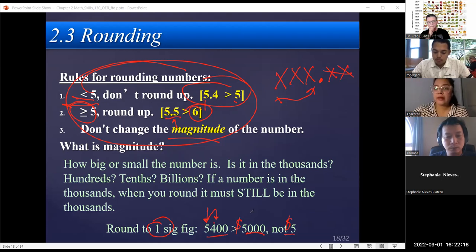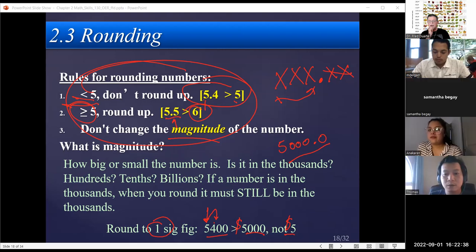Now you might also ask, what if I don't drop them? What if I add zeros? So instead of 5,000, you present it as 5,000.0. But what has happened now by adding a point and a 0? How many sig figs do we have now for 5,000.0? 5, exactly.